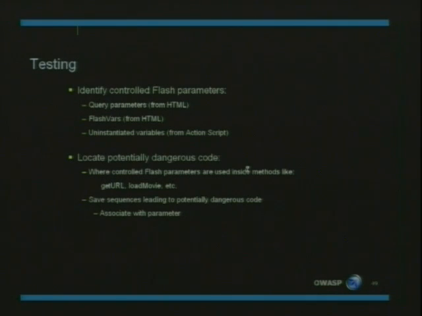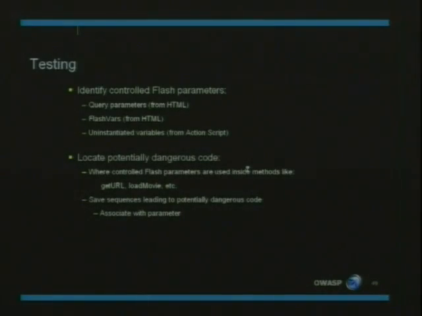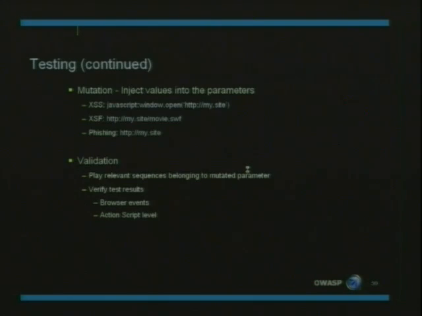We want to discover these global Flash parameters. We want to discover where they are being used inside dangerous native functions, and we want to actually link the entire sequence of actions that the user has to do in the Flash in order to get to that vulnerable code. Meaning if the user has to click several buttons or navigate between several frames, we actually want to remember the sequence leading to that vulnerable code.